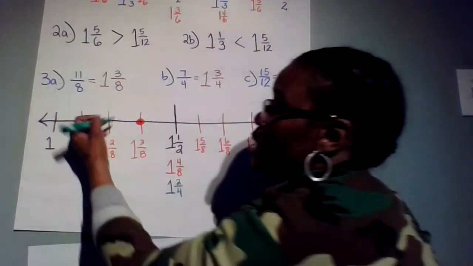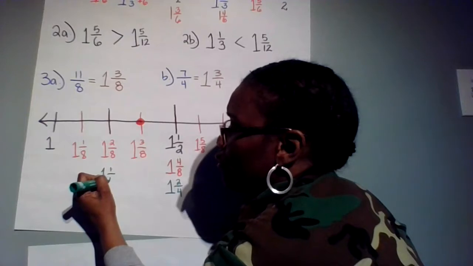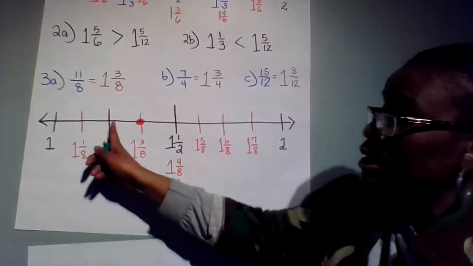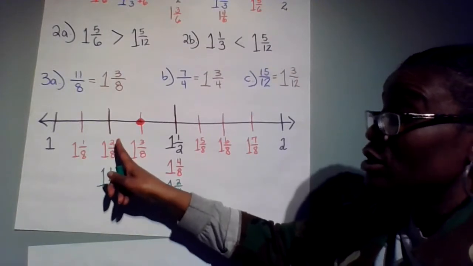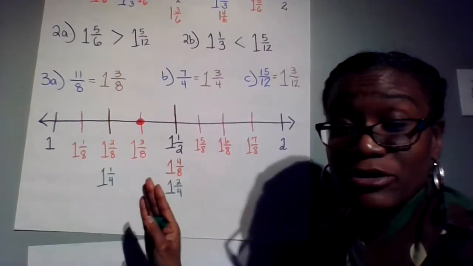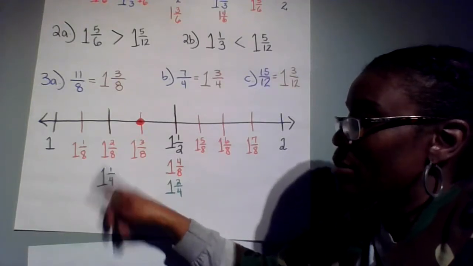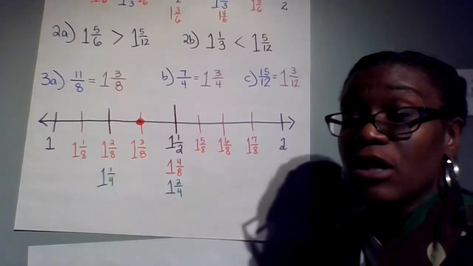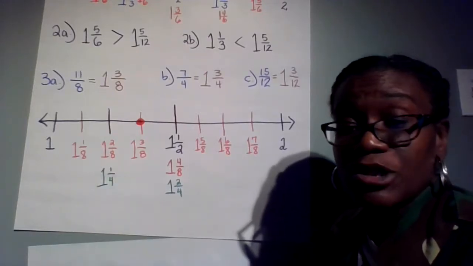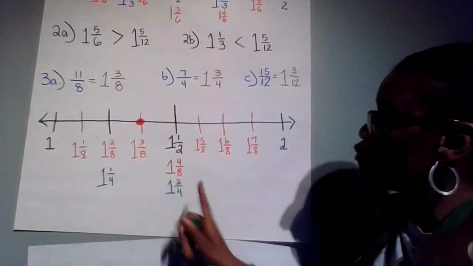So scholars, guess what? 1 1/4 is going to be equal to 1 2/8, because if I divide 2 and 8 by 2, 2 divided by 2 equals 1, and 8 divided by 2 equals 4. So 1/4 and 2/8 are equivalent or equal to each other. So there's my 1 1/4, 1 2/4.